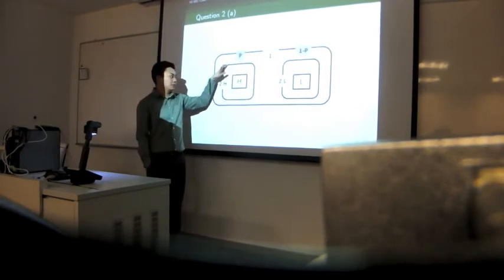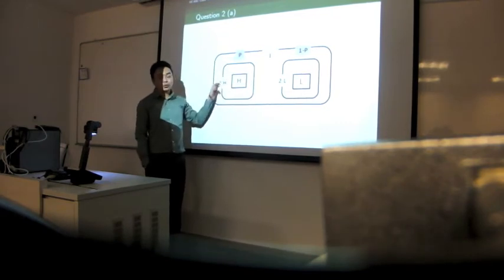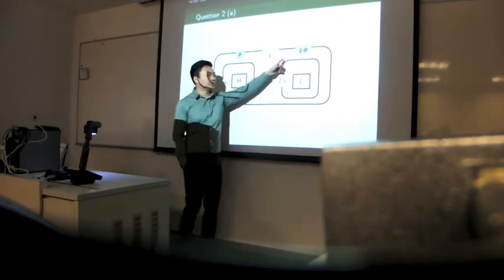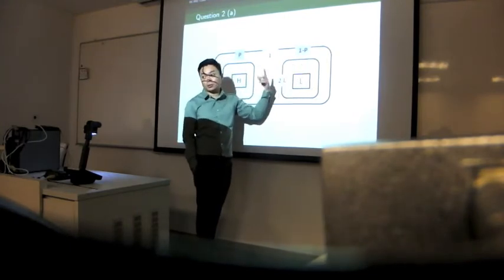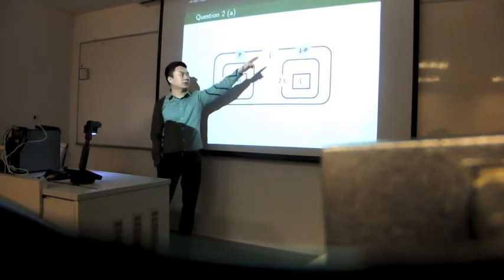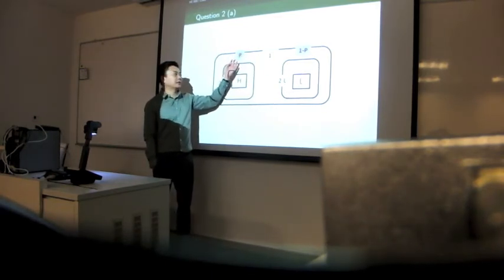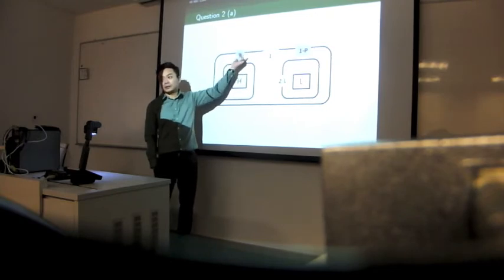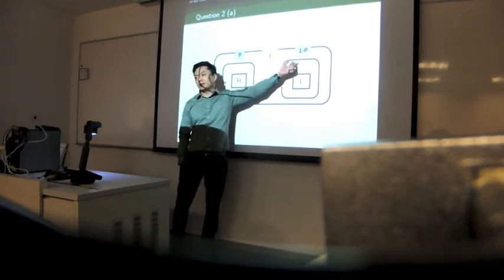So this represents firm 2's information set that is high, and this represents firm 2's information set that is low. Firm 1's information set is this whole thing, because firm 1 has no idea whether it's high or low. But it knows P. It knows the probability that it is high and the probability that it is low.